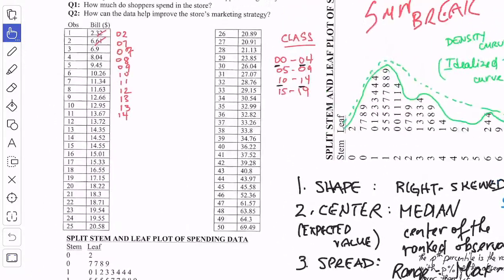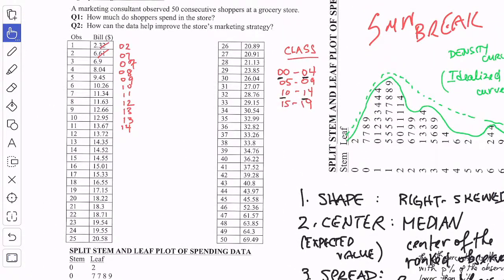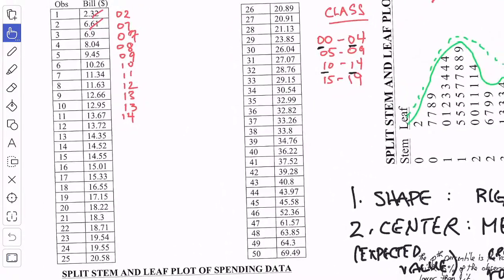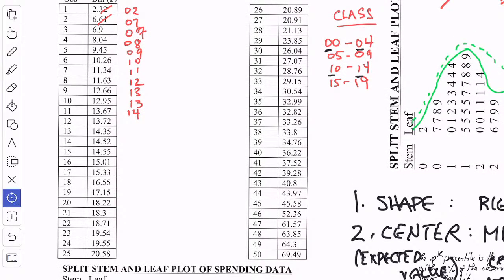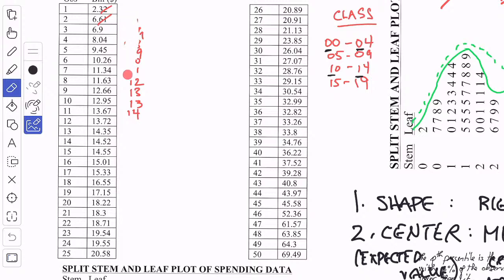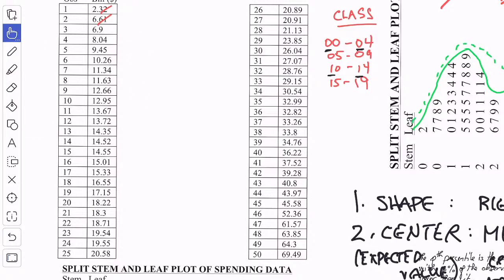All right, so here we have the data. The first half and the second half side by side. So where is the 25th percentile? Someone tell me.